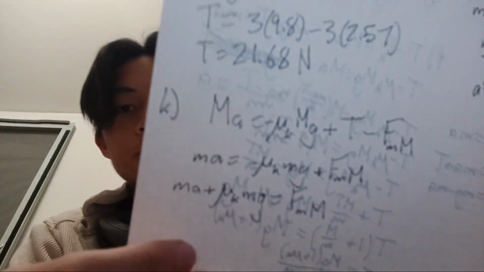So it's positive. And so we can see that that's the easier equation to solve for the contact force. So we just add mu k mg to both sides, like that, and then just plug in those values. 2.57 plus 0.18 times 3 times 9.8, get 13.